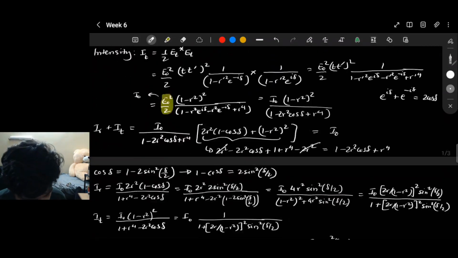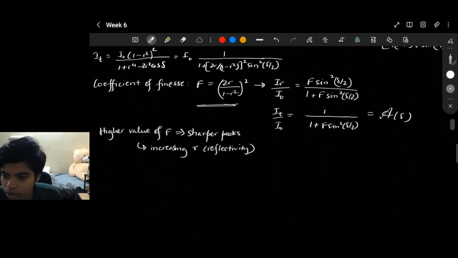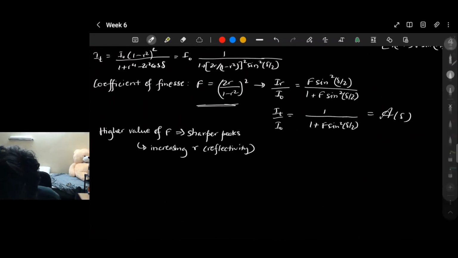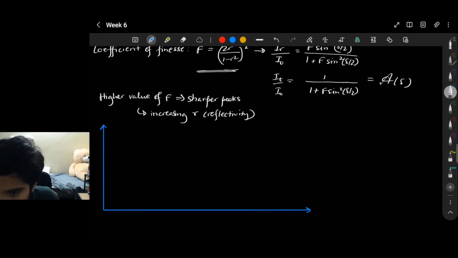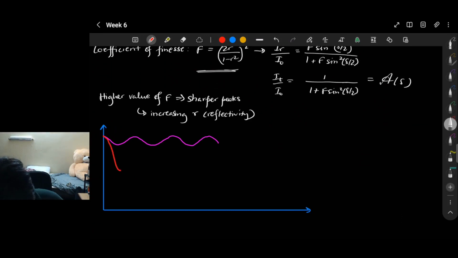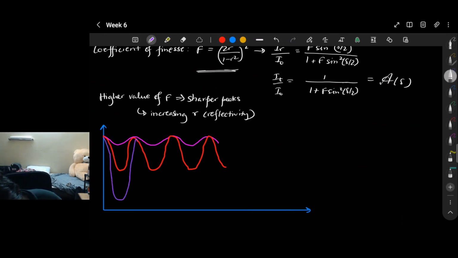And let me draw some plots over here for you. Let me draw the axes. I'll try my best to draw. Okay, wait.